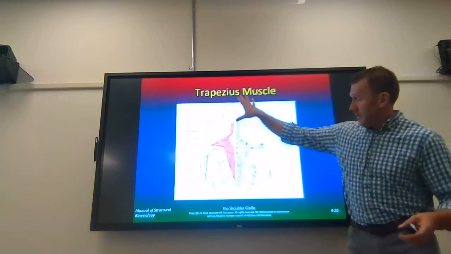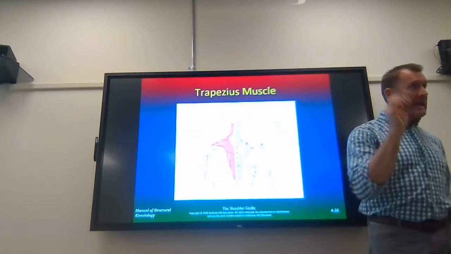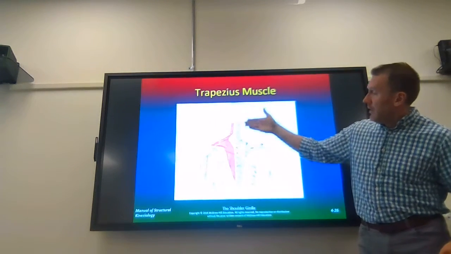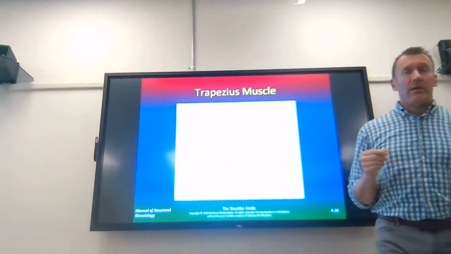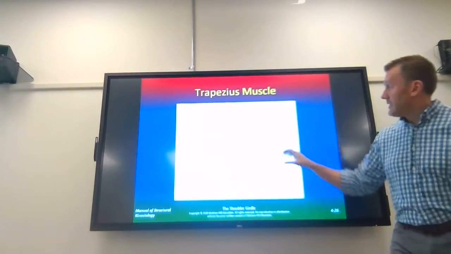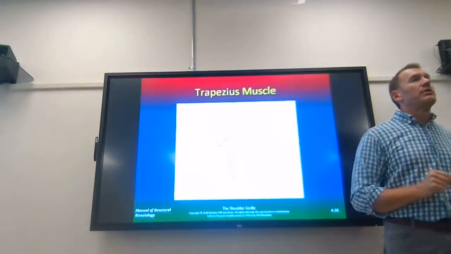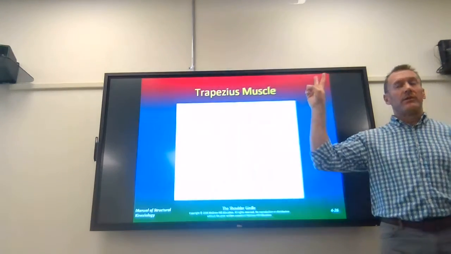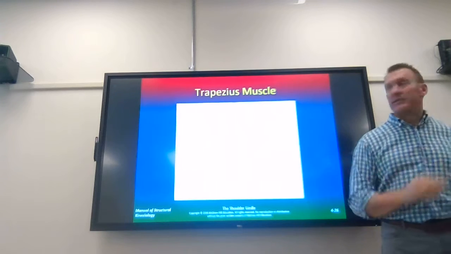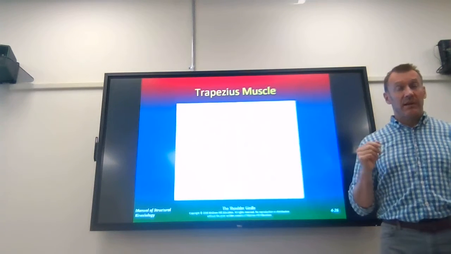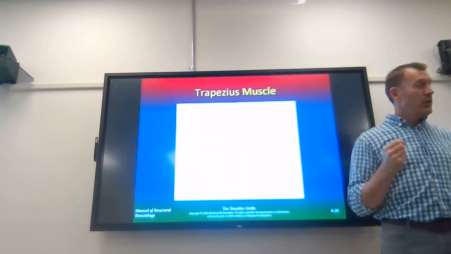So you see the origin is part of the axial. So skull and then vertebrae. Okay, so if it's a scapular muscle, it's going to have its insertion somewhere on the shoulder girdle. What two parts of the shoulder girdle are there? Clavicle and scapula. So that's where the insertion is going to be, because that's the part that's actually going to move.